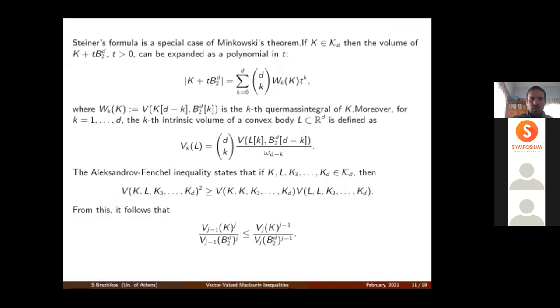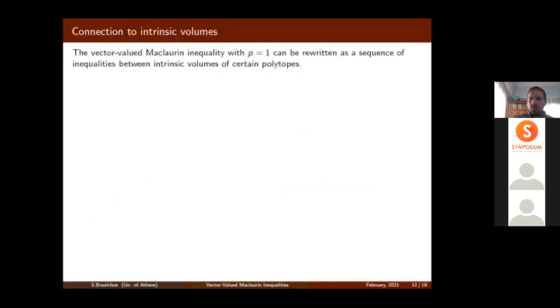But let's see how these are connected with our problem.